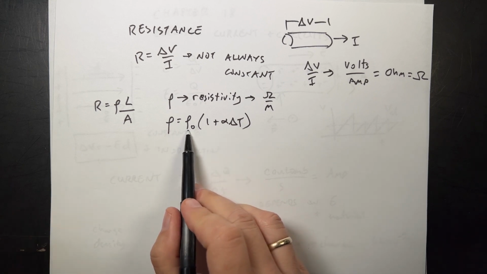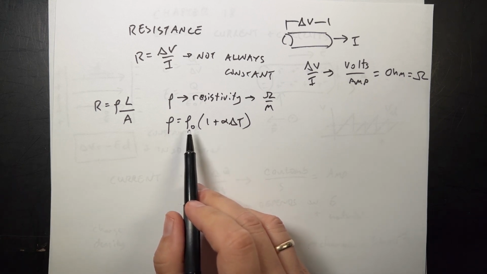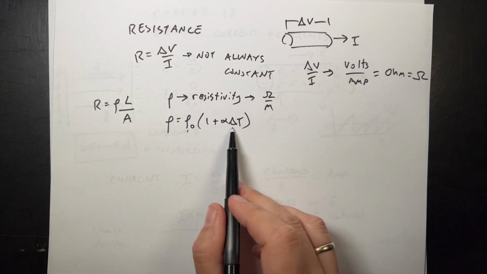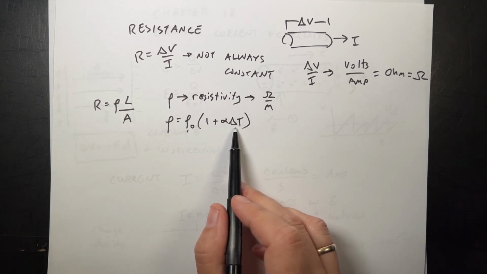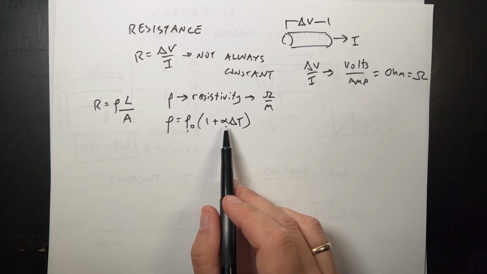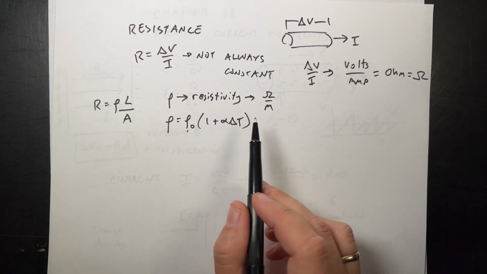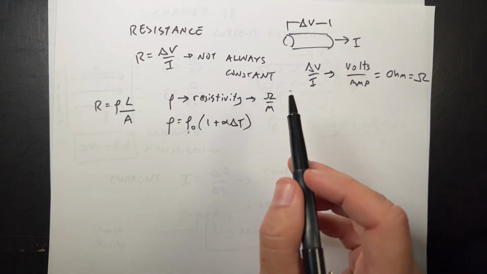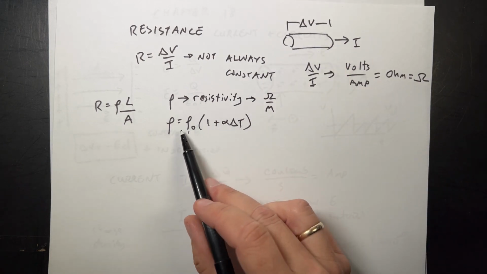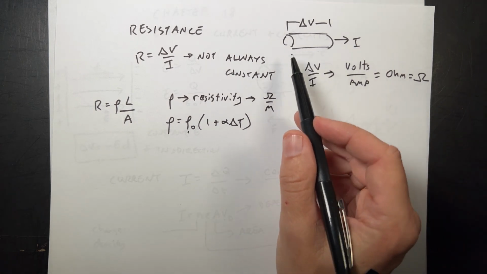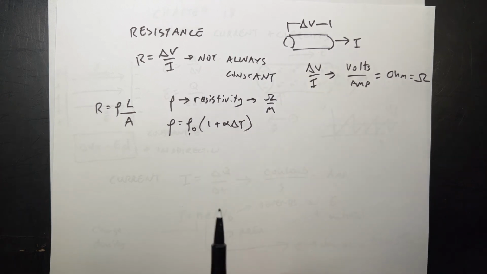So if I know some set resistivity at, say, room temperature, and then the change in temperature with respect to that temperature, delta T, and alpha is a parameter about the material, then I can find the new resistivity. And this says something really important. As things get hot, as delta T is large, it increases the resistivity. So it'll increase the resistance of the wire too. And the same thing is true: if you decrease the temperature, you decrease the resistance.